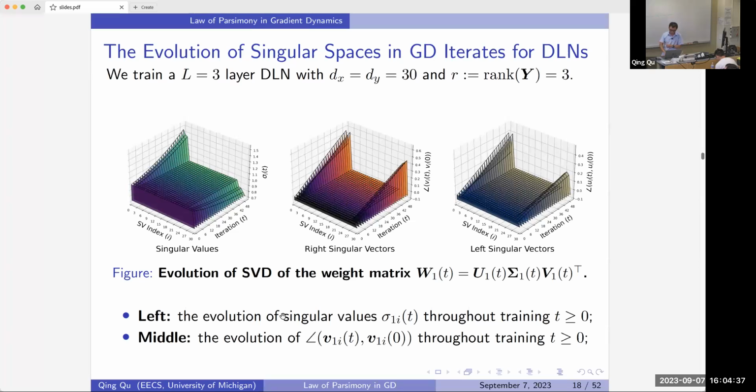So we track the changes of the singular vectors, and you can see that the singular vectors are also only changing in the subspace. The rest of the singular vectors are not changing. And similarly for the right singular vectors, they are also changing only within an invariant low-dimensional subspace.